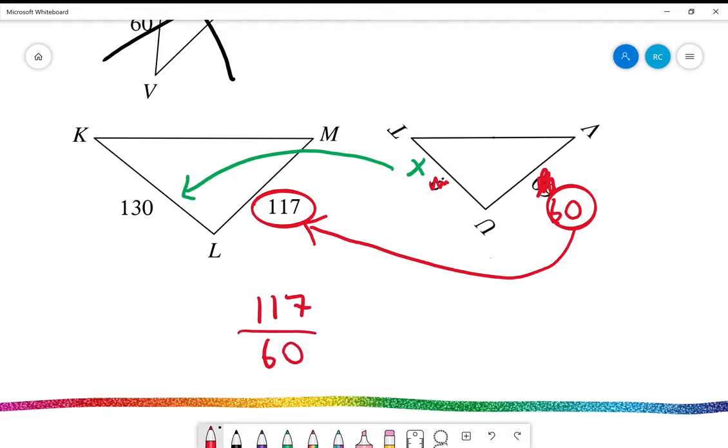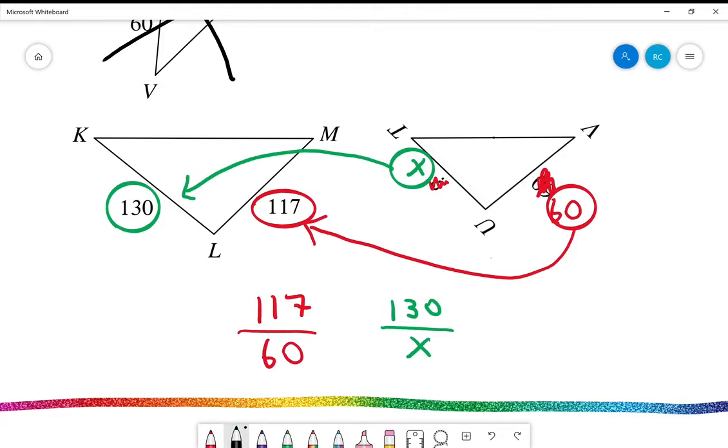And that gets us our multiplier, whatever it is. Now, I'm not going to mess with that just yet. Okay? I also know that I could get the same multiplier by taking 130 and dividing it by x. Right? I take 130, divide it by x, and that will also give me the multiplier between these two triangles.